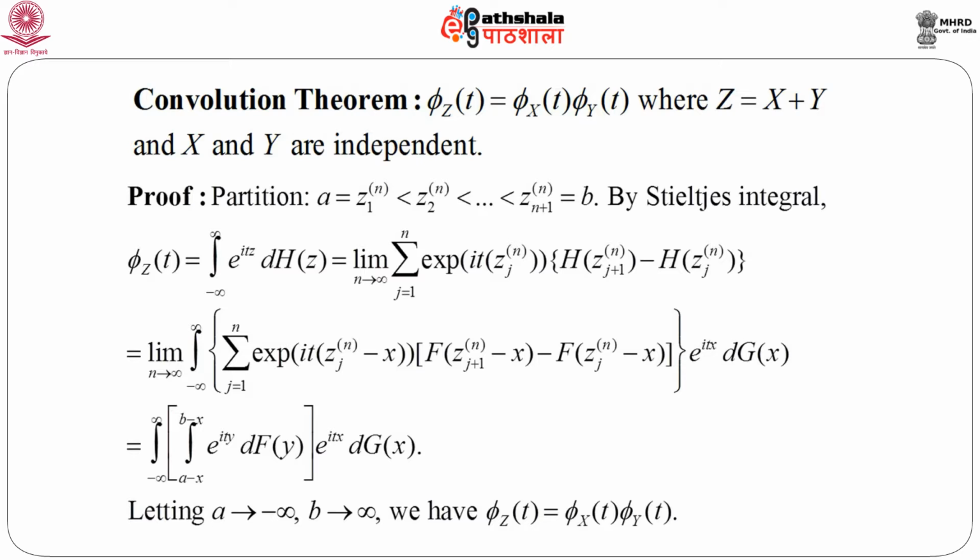Now, just let a go to minus infinity and b go to infinity, we immediately have phi_z(t) equals phi_x(t) into phi_y(t). That is, if we consider the convolution of two independent random variables, then the characteristic function is nothing but the product of the characteristic functions of the two independent random variables.